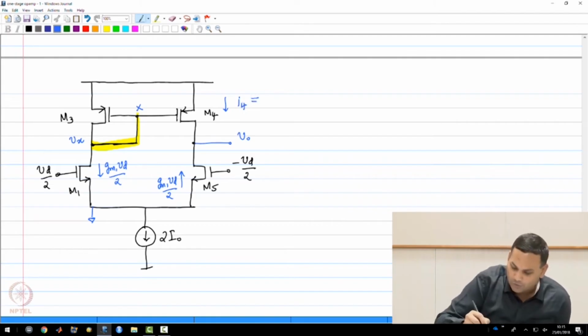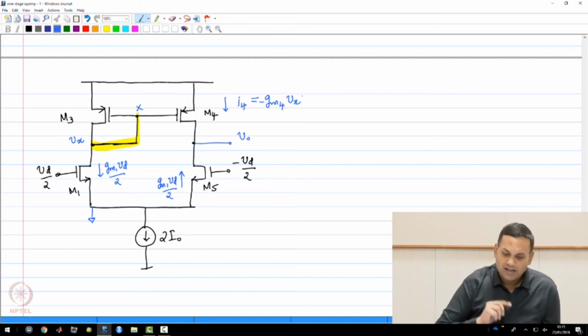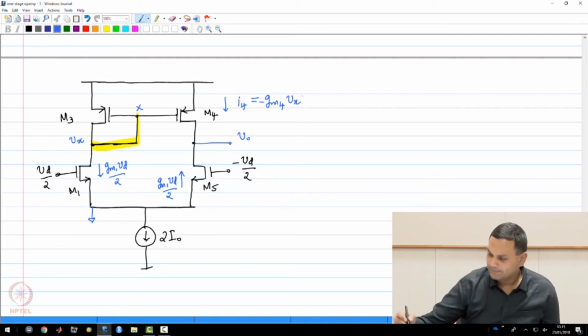I'll call that small i4, which will be nothing but minus GM4 times Vx flowing downwards, or GM4 times Vx flowing upwards, purely from the transconductance of M4. Now let us draw the small signal equivalent circuit and figure out what that voltage Vx is and what that current i4 is.